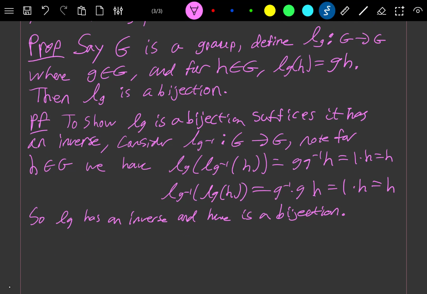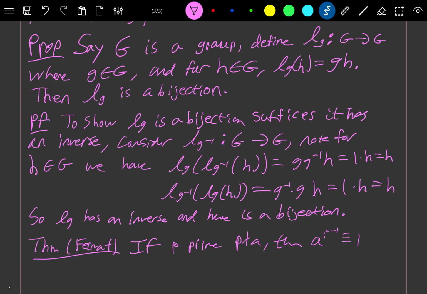All right, we are now ready to prove the two main theorems for today. So first, theorem by Fermat, Fermat's little theorem. If p is prime and p does not divide a, then a to the p minus 1 is 1 modulo p.